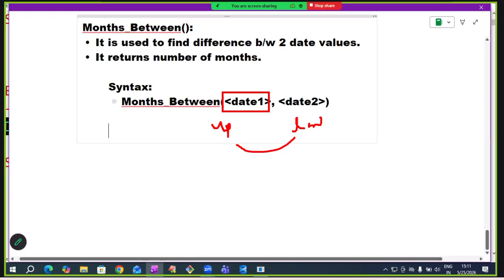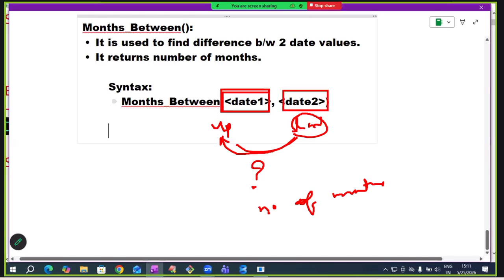So from the second date to the first date, how many months gap is there? That number of months it gives.